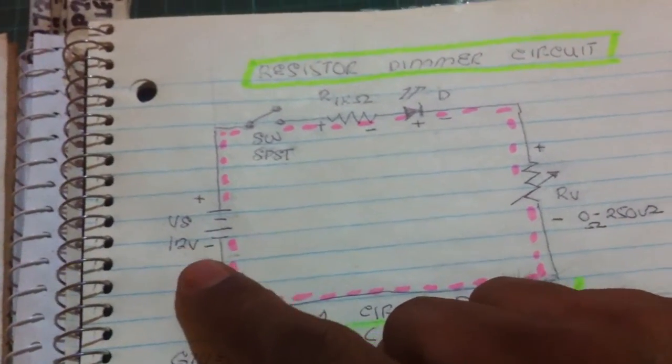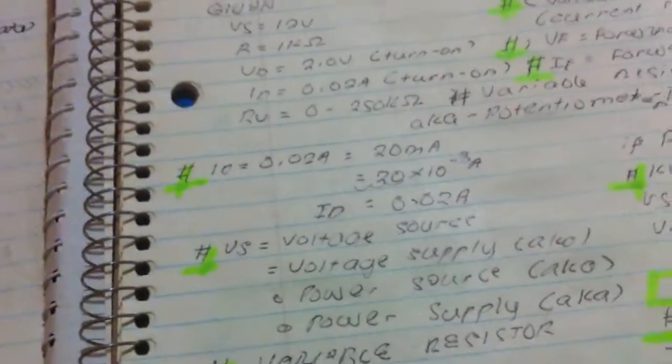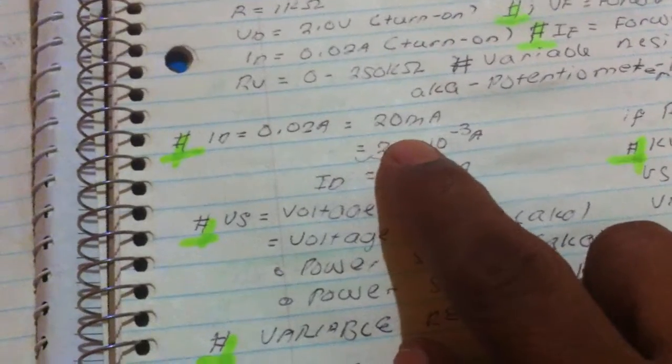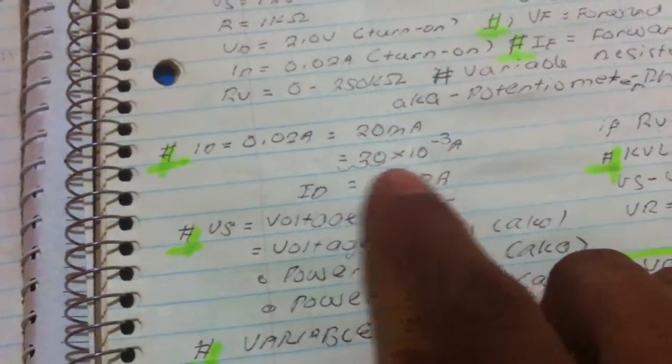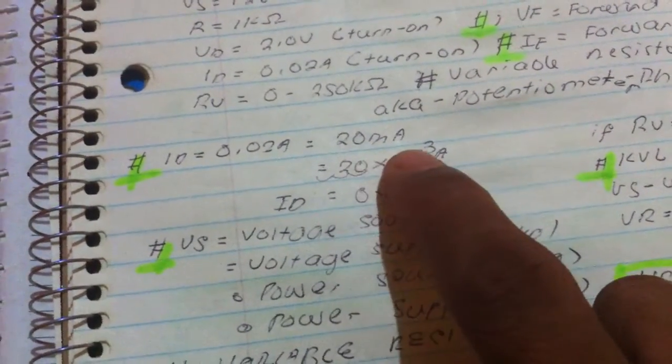What's new here? We have voltage supply here, PS. What's that? So in here, 0.02, which is also equal to the diode rating in ampere or current. Here you have 20 milliampere.